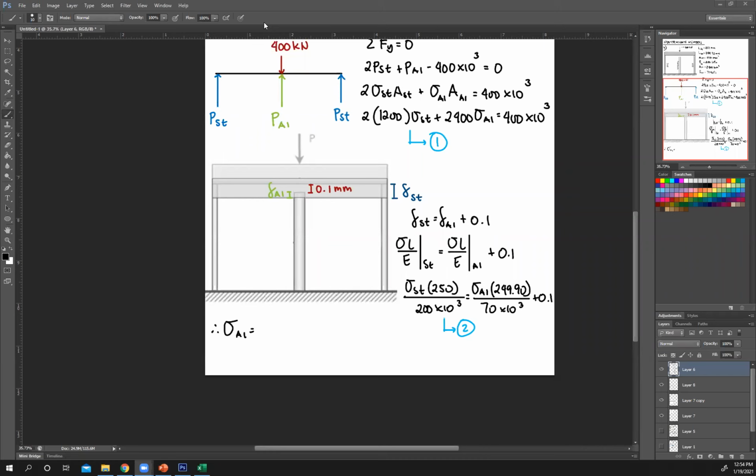Aluminum is 22.48 MPa. Nakuha nyo ba to? Try nyo recompute hanggang sa makuha nyo 22.48. Again, try to practice solving for simultaneous equations.